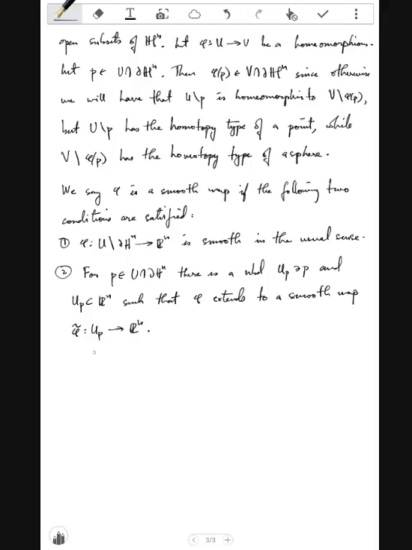So if both these conditions are satisfied, then we say that phi is a smooth map. We say phi is a diffeomorphism if both phi and phi inverse are smooth maps.